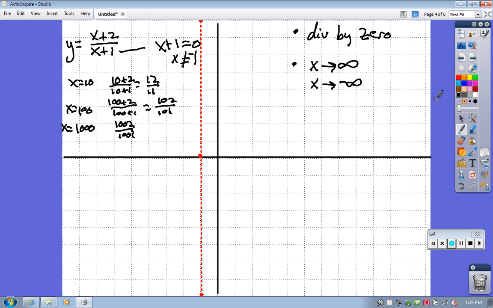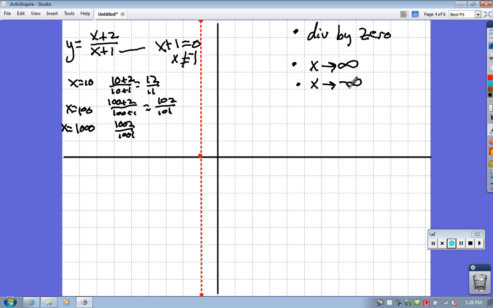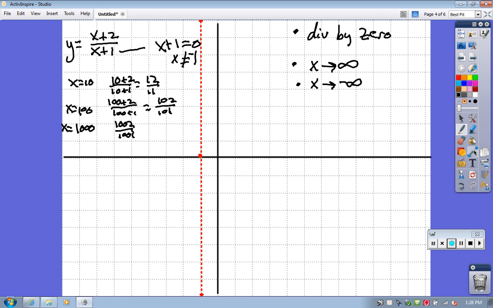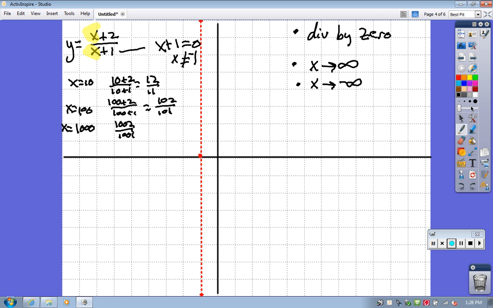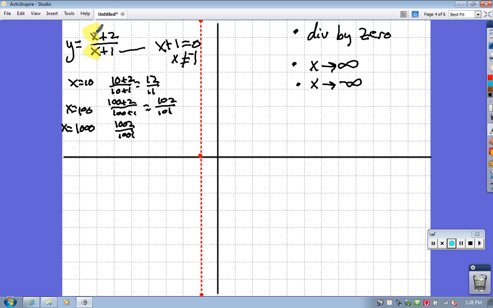Here's what I want you to notice, and this is a really important point. When you're letting x tend to infinity or x tend to negative infinity, the thing to pay attention to is really just your highest powered x in your numerator and your highest powered x in your denominator. And here's why I'm going to argue that that's all that matters. When x is really big, this term and this term will dwarf all the other terms.